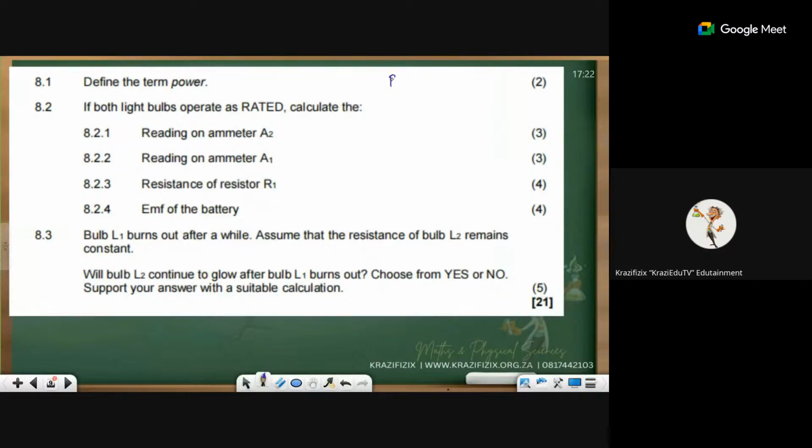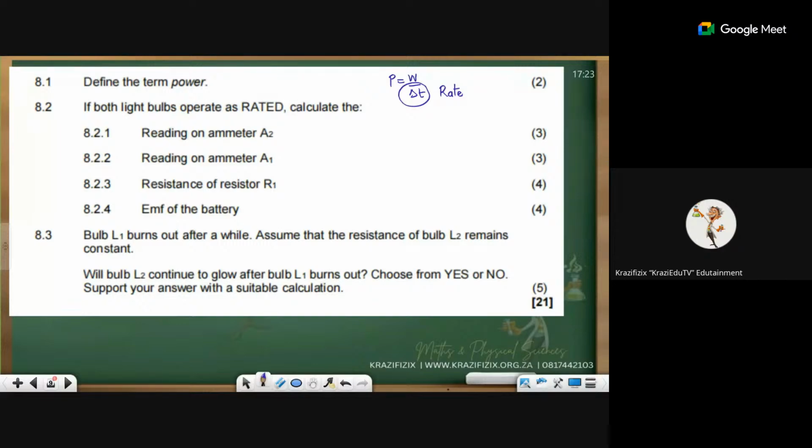Power is W over delta T. Once I have delta T as a denominator, I bring in the word rate: the rate at which work is done. Make sense? Or you can say the work done per unit time. So first think of the formula and try to manipulate it. But if I see delta T as a denominator, I just use the word rate.